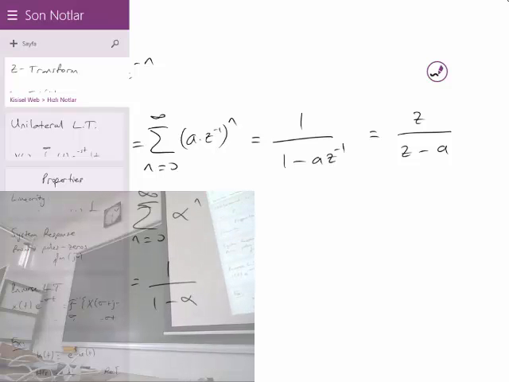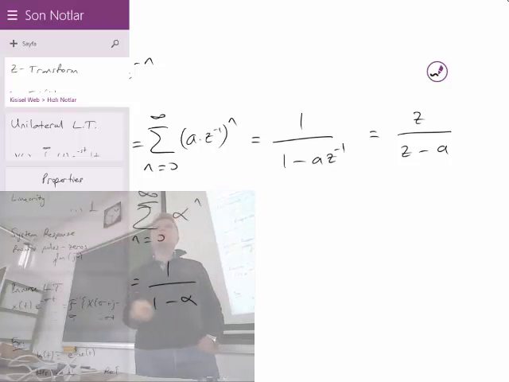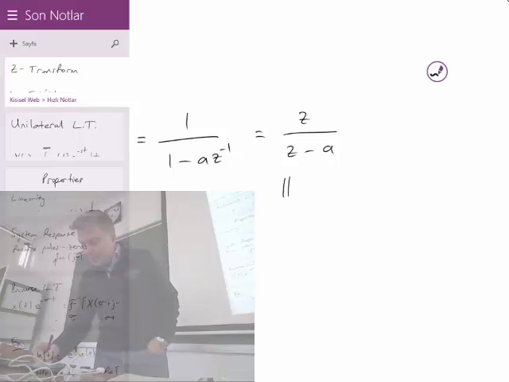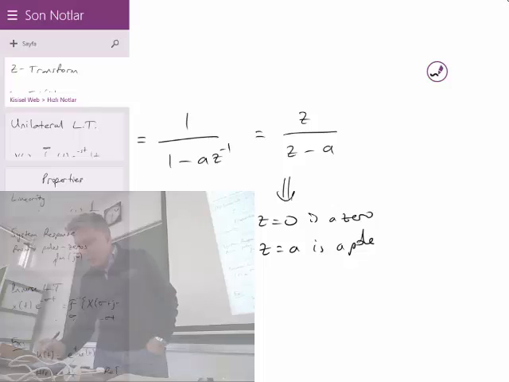So we will have an infinity in the denominator. 1 over infinity will be 0. But it's more complicated to see it that way. Probably we see it better now, that z is equal to 0 is a 0. Z is equal to a is a pole.